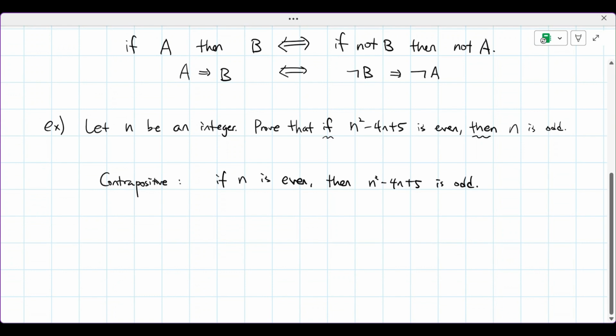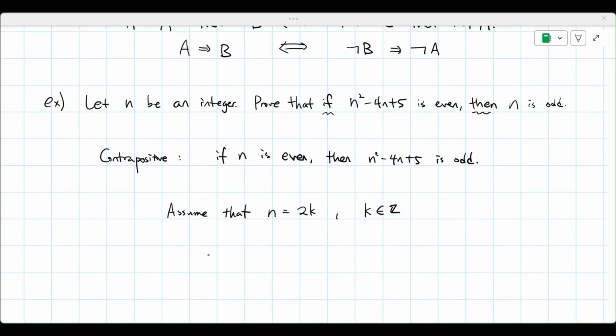If n is even, then n squared minus 4n plus 5 is odd. So, what can I do about this statement? Well, n is even, so I'm going to assume that n can be represented as 2k, where k is an integer, right? Even means that it's divisible by 2. So I'm going to say that n is represented as 2k.